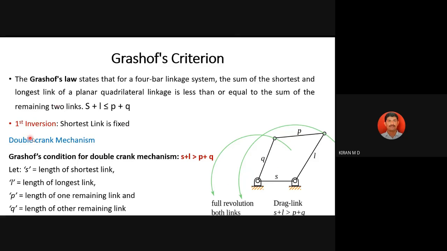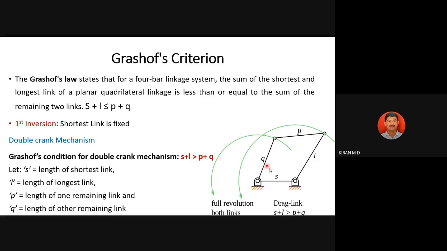What does double crank mechanism mean? Both the input and the output will rotate the entire 360 degrees. That we are going to call the double crank mechanism. If a link rotates the entire 360 degrees, we call it a crank. If the follower also rotates 360 degrees, it will also become a crank.